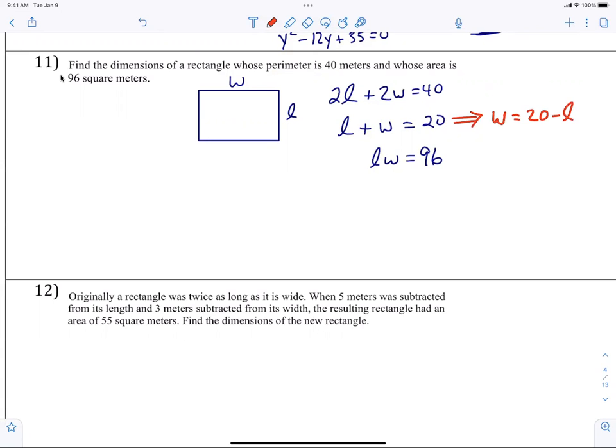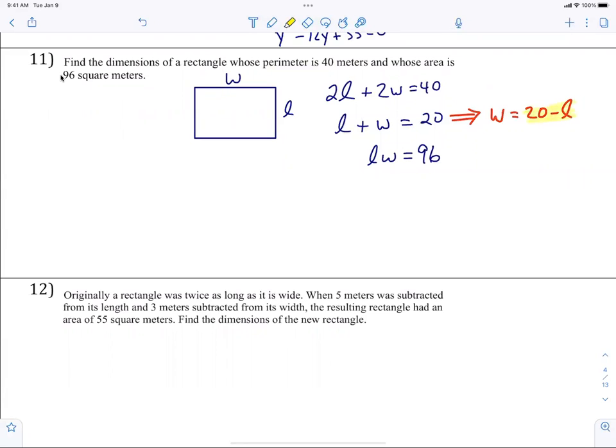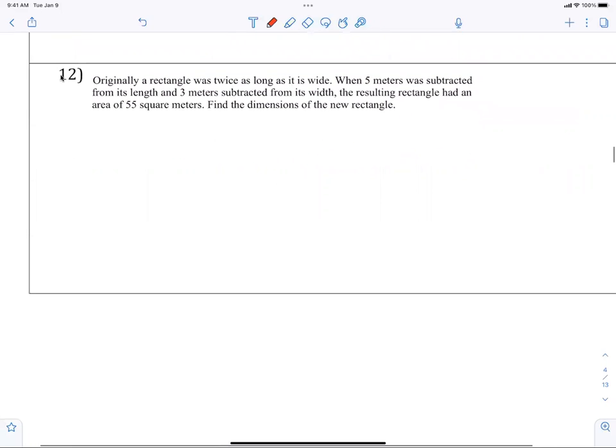So now wherever I see a W, I can put 20 minus L. So I have L times (20 minus L) equals 96. That's part of your homework, number 11. Finish number 11. All right, so here we go, guys. Moving forward. Sorry, moving fast. We're just cut short on time.